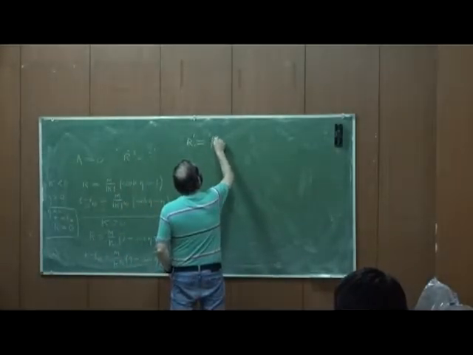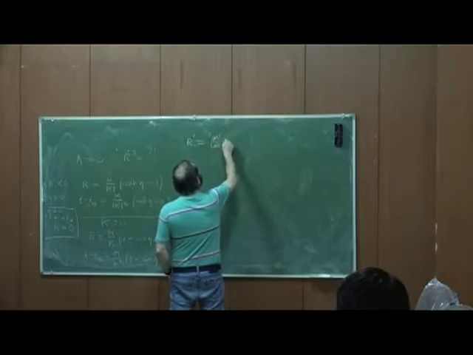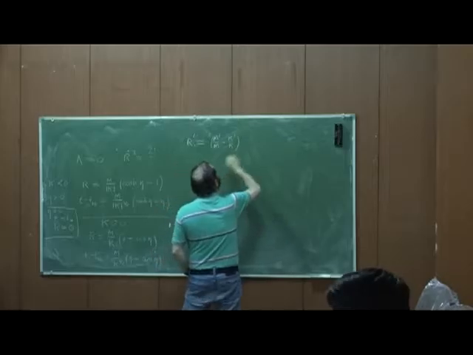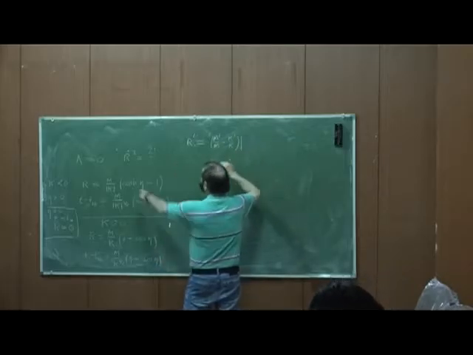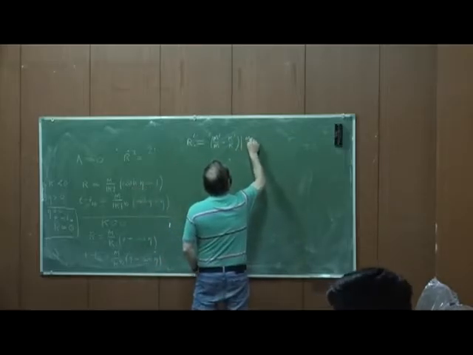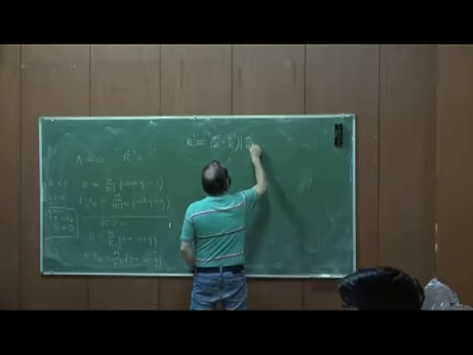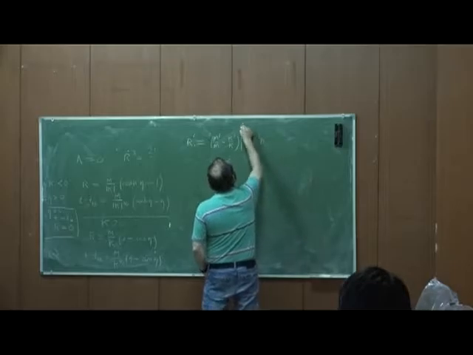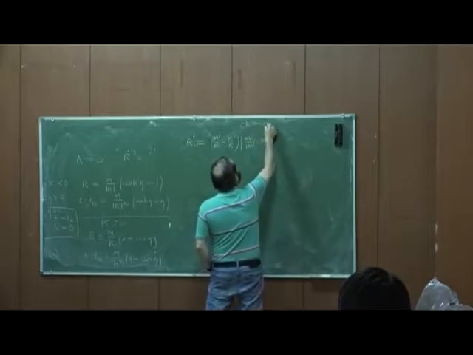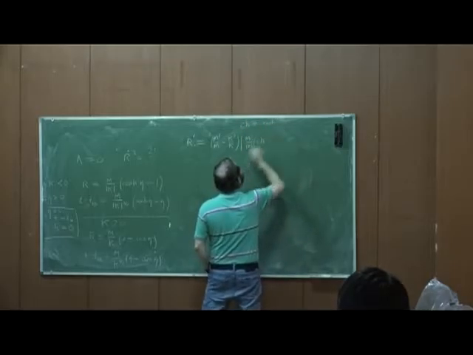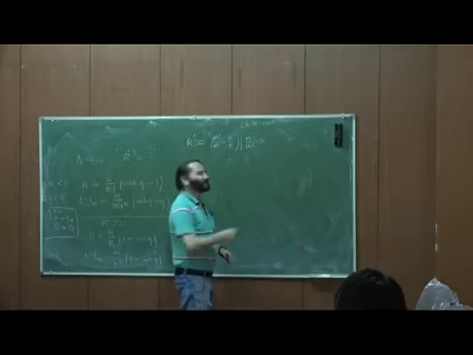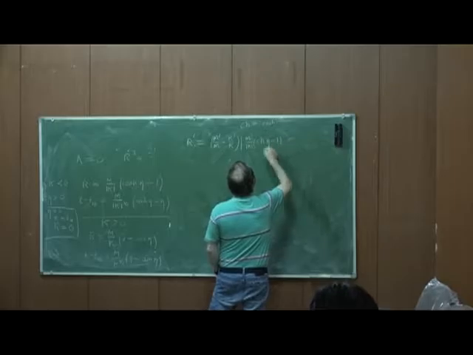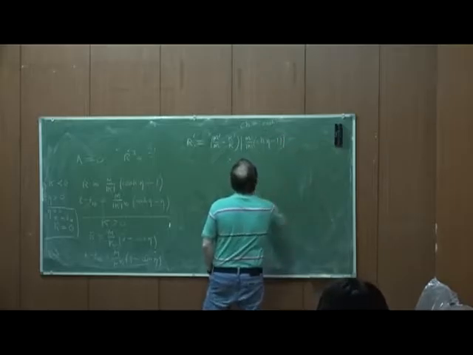Minus M prime upon minus K prime upon K, multiplied times R. But R is M by K and cosh theta minus 1. I'm going to say CH will be the hyperbolic cosine. What else?